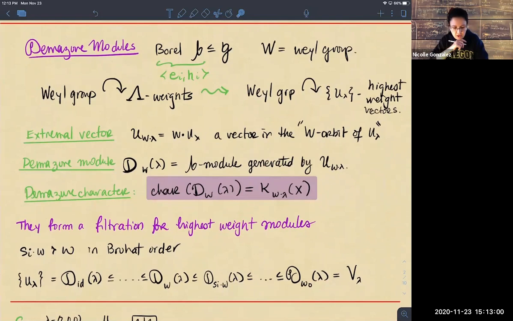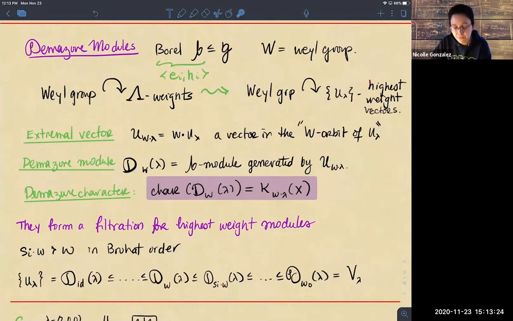So what is a Demazure module? If we take our Lie algebra here, there's a subalgebra known as the Borel subalgebra, right? And it has an associated Weyl group, your Lie algebra. Now there's a natural action of your Weyl group on the weights of your Lie algebra. And what that means is that the Weyl group also acts on the highest weight vectors.